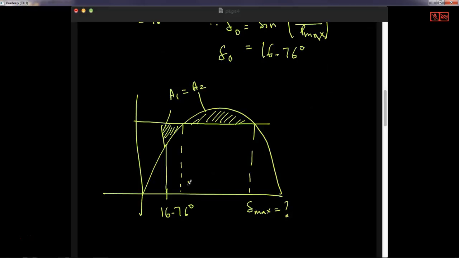This is my question, and what is delta 1 is also my question. If I solve for delta max, I'll get delta 1. This value I already know, PM naught is 0.6 per unit. So what is this PM1? This also I have to find out.